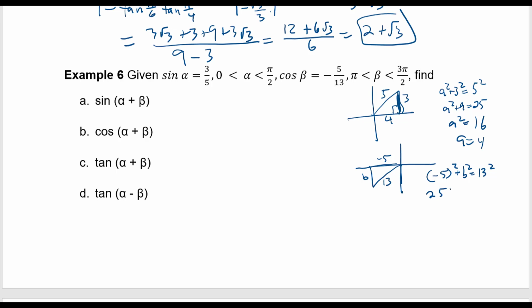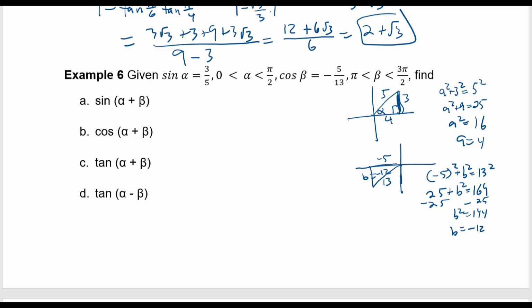So 25 plus b squared is 169. Subtracting 25, b squared is going to be 144. Look at that. So b would be the square root, and given that it's down here, I'm going to go with negative 12. Of course, not drawn to scale. That's another Pythagorean triple.